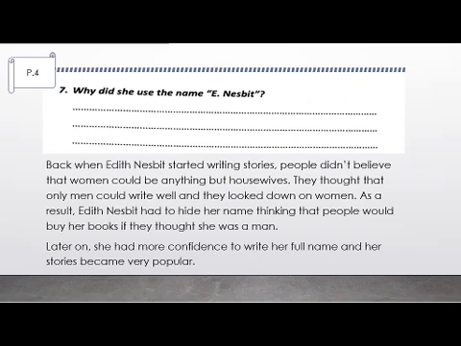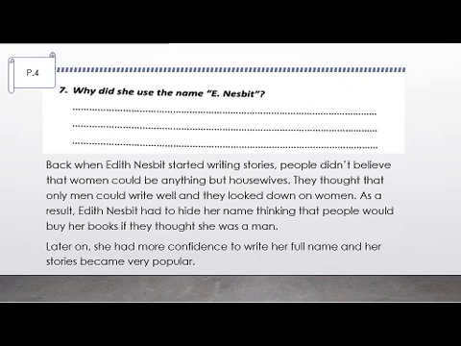Back when Edith Nesbit started writing stories, people didn't believe that women could be anything but housewives. They thought that only men could write well, and they looked down on women. As a result, Edith Nesbit had to hide her name, thinking that people would buy her stories if they thought she was a man.